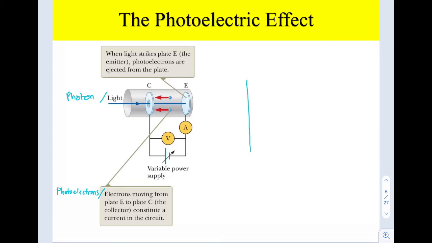So the output of this experiment is going to be observed like this. We will see a pattern of graph like this, where we have the current produced versus the applied voltage from the battery. So what are we going to observe?